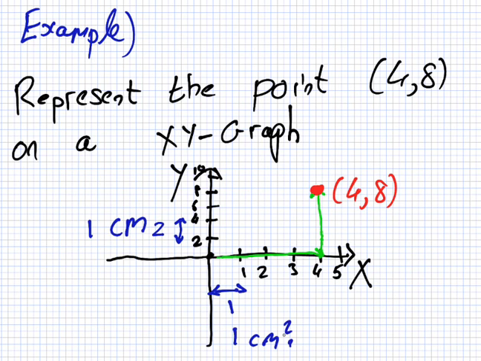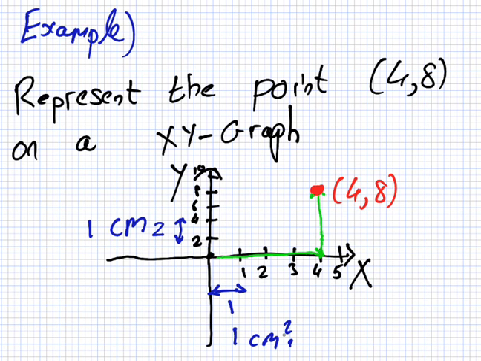Or does it need to be 2 centimeters? If this is 1 centimeter for 2, and this is 1 centimeter, is my graph right or wrong? Have I done the scale correctly or incorrectly? In fact, it's right.